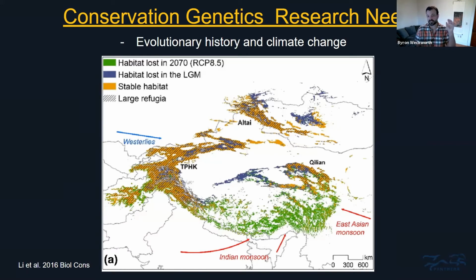So we can genetically test this model to ask whether these areas served as refugia in the past, then consider those in the context of what we're predicting will be refugia into the future, defining that through genetic means, and then developing large-scale strategies to make sure we're preserving those areas of important long-term range genetic diversity.